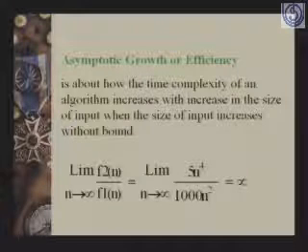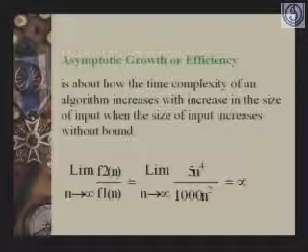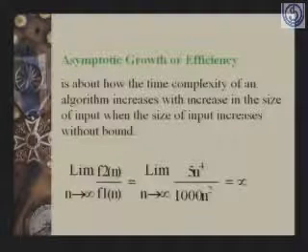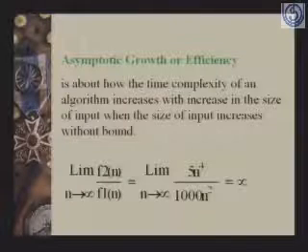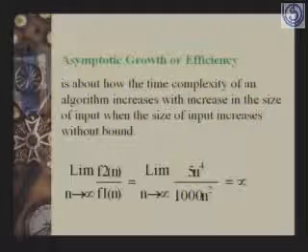This means we should prefer the first algorithm, which takes 1000 n square steps, whereas the second algorithm, which takes 5 into 2 raised to the power n steps, may take fewer steps in the beginning for smaller sizes, but for larger sized problems it will take much more steps. And this is the basic idea behind asymptotic notations, which we are going to introduce now.